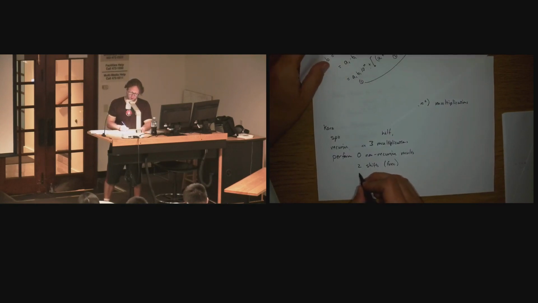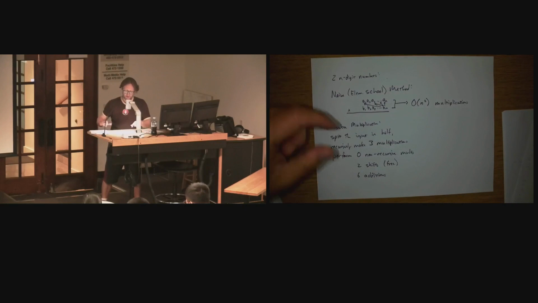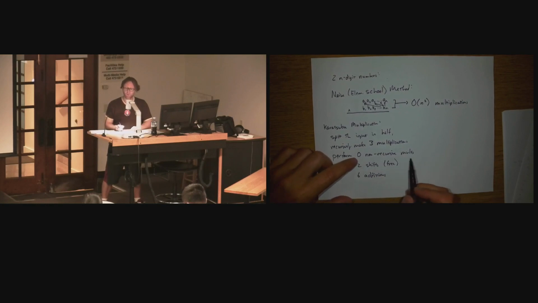We ended up doing 6 additions. So one way of looking at this is we kind of blew up the number of additions. But additions are way less expensive than multiplications. So at the expense of some additional additions, we're getting away with fewer multiplications.